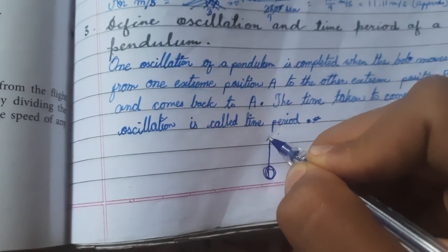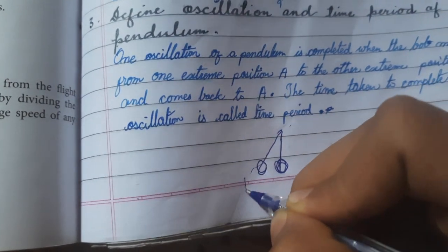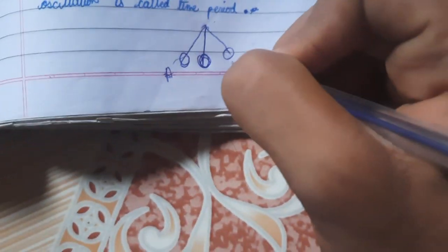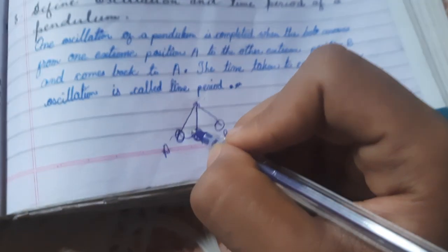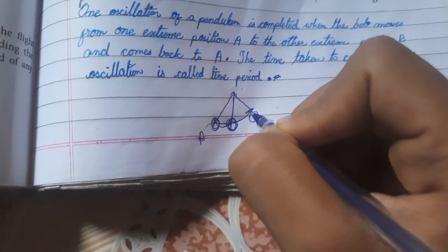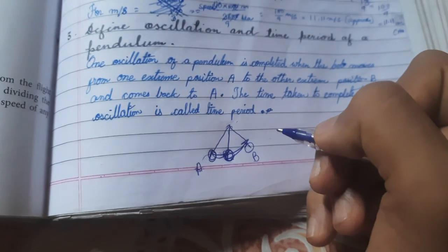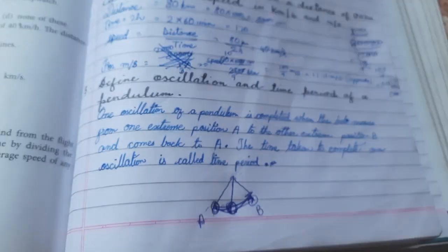The oscillation will happen when it goes from position A to position B, then goes back again. Otherwise, from the farthest point A to B, these are two ways of describing an oscillation.